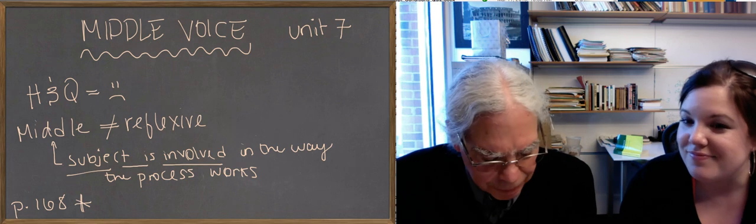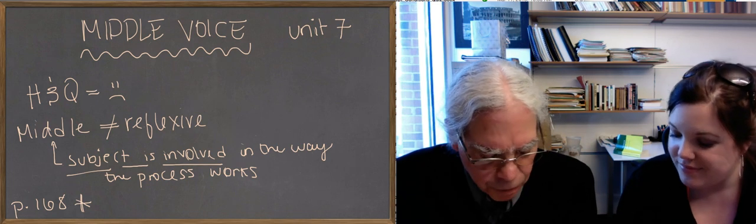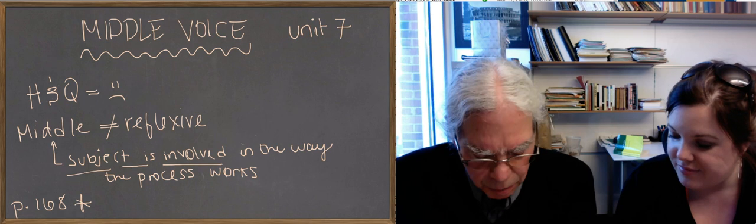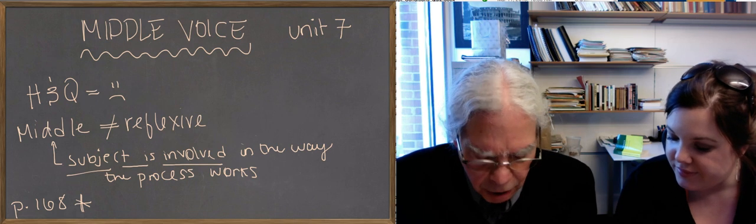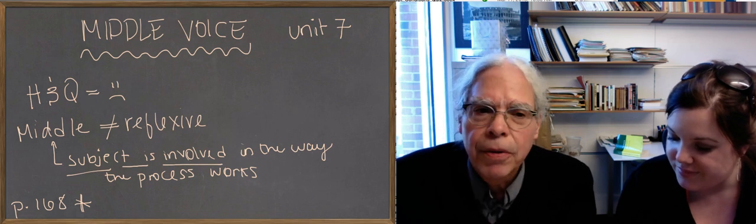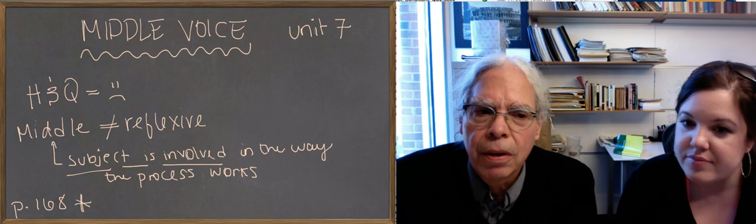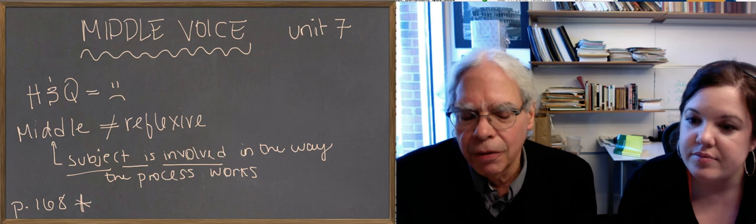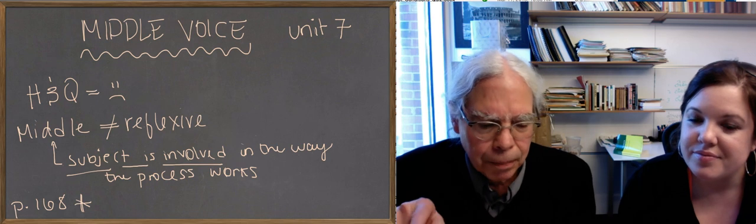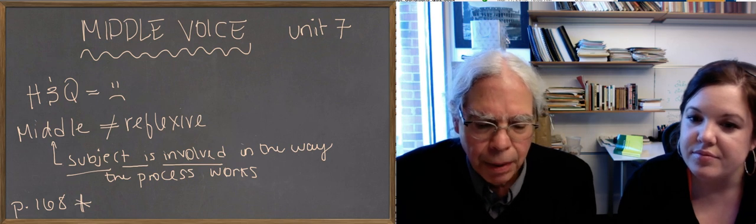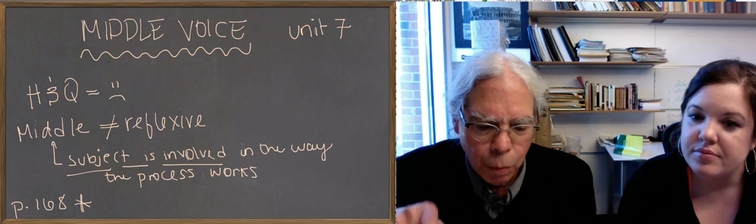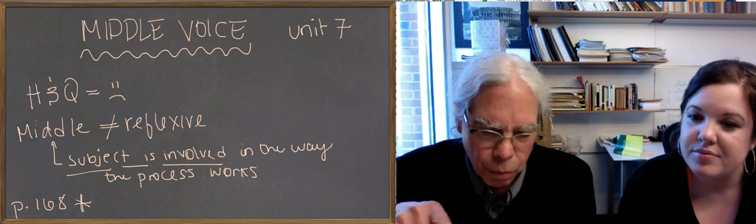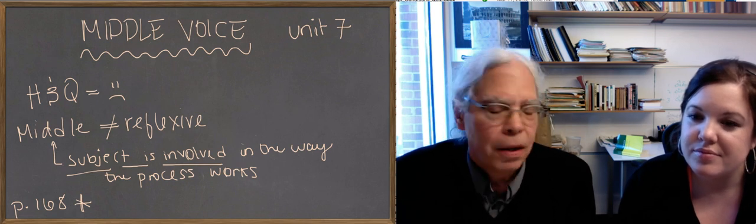All right? There's the verb didasko, to teach, and in the middle it means to have somebody taught for you. This is the example in the Sanskrit grammarians. The Sanskrit grammarians' terminology isn't active and middle. It's parasmai padam and atmane padam, a word for another and a word for oneself.